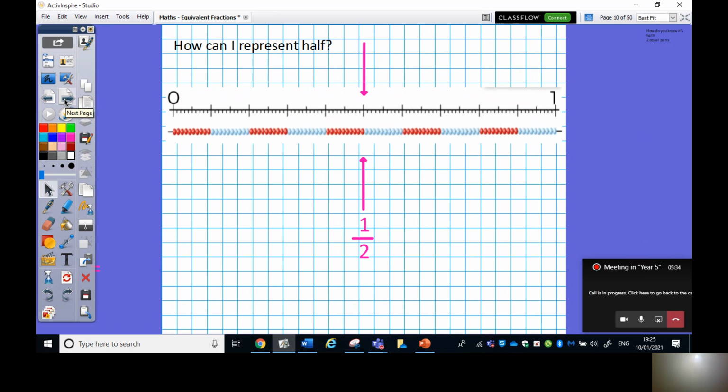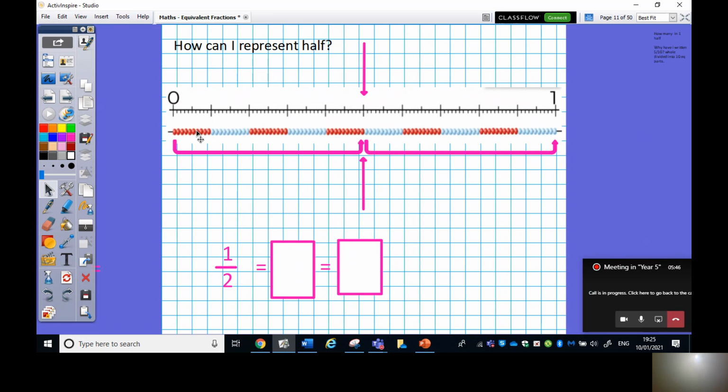How do you know that it's half? Yeah, because there are two equal parts. The denominator tells us how many equal parts there are. Now, if we look at one equal part, and we have 100 in total, how many beads do we have in 1/2?